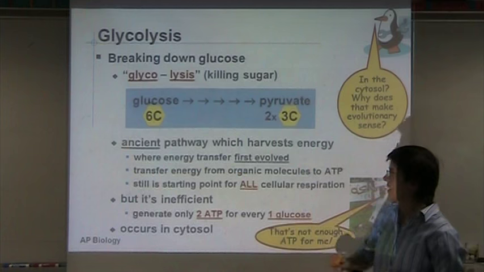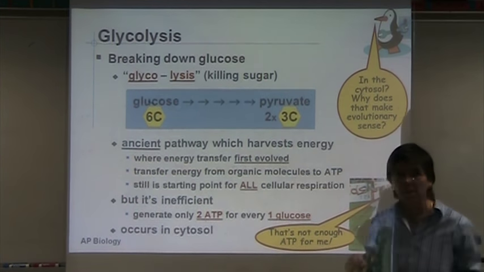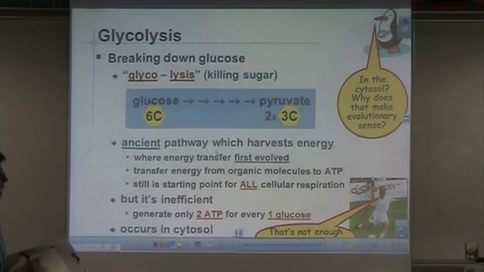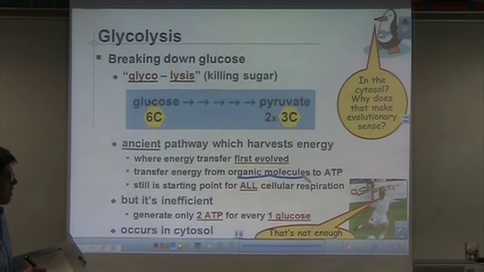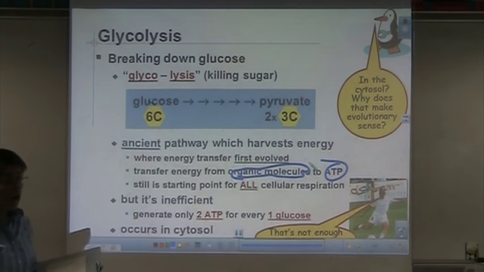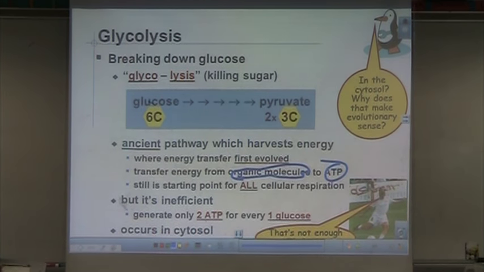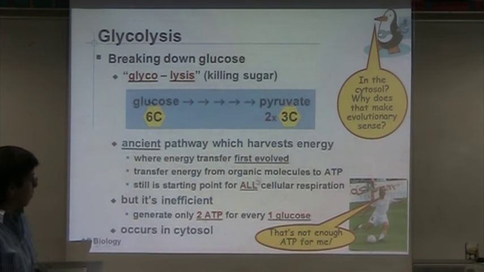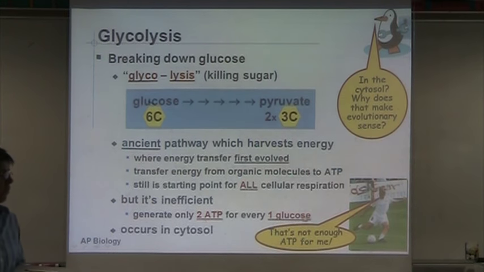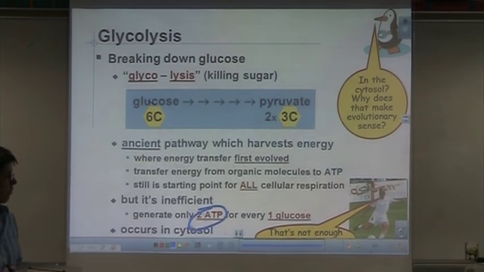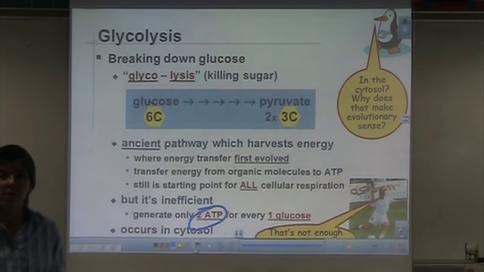Every single organism uses this pathway for the most part, and this is how we are transferring energy from organic molecules to ATP. All cellular respiration always starts with glycolysis, no matter if you are a bacteria or a human. The only problem is that for every molecule of glucose, you are only going to produce 2 ATPs in glycolysis, very inefficient.